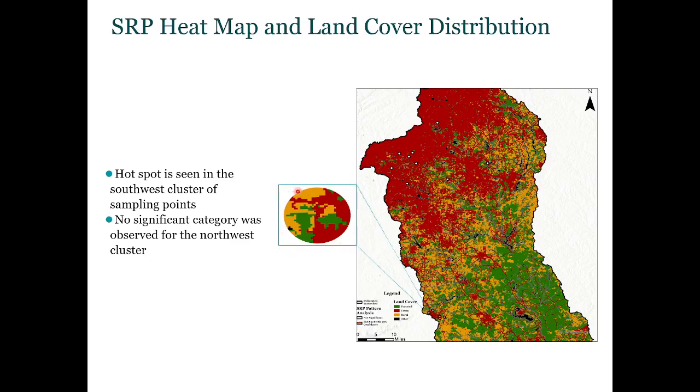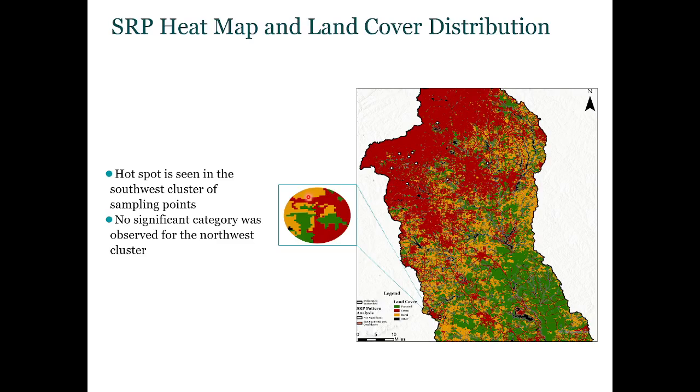This is what I mean by that 500 meter buffer around our sampling point. This is an example of this westmost sampling site down here, where the red pixels represent the urban land cover, that yellowish orange is rural or agricultural, and finally that green is forested.